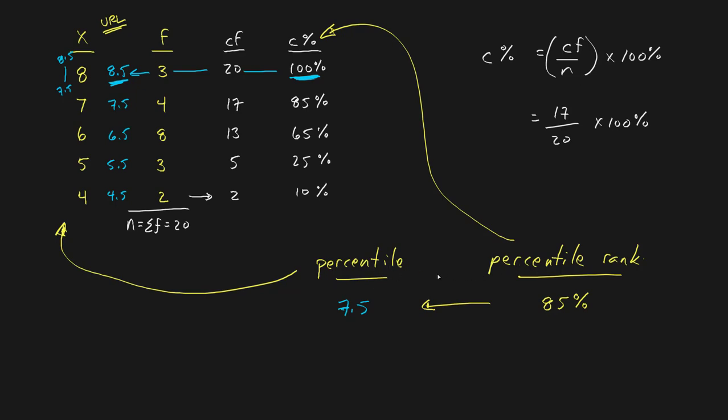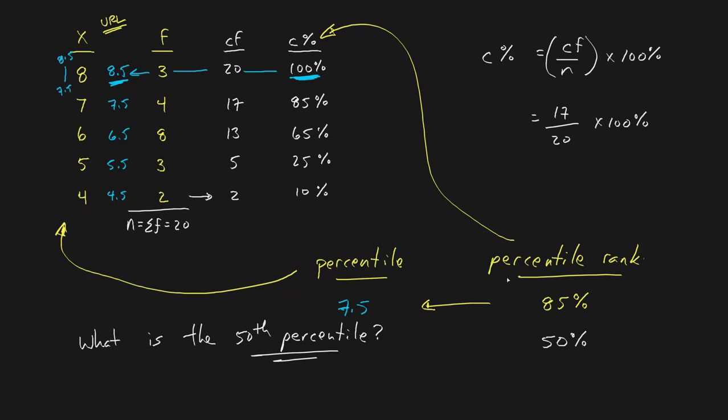It becomes tricky though when they ask you a question like this. If they say, what is the 50th percentile? Okay, if they're asking me for the 50th percentile, that's like asking me what goes with 50%.